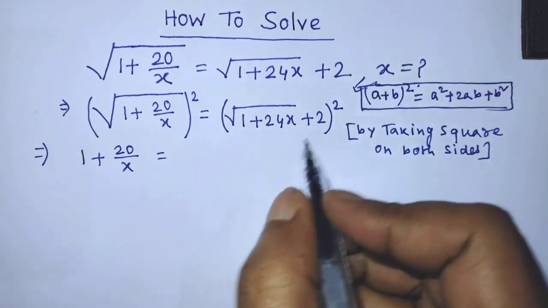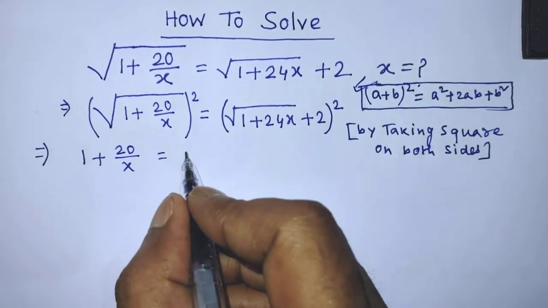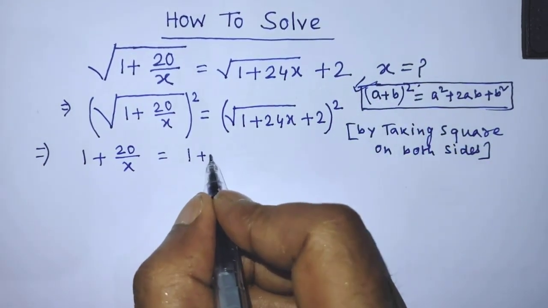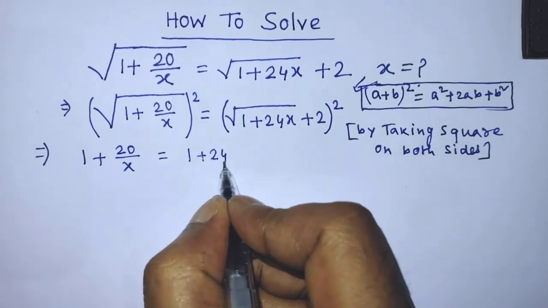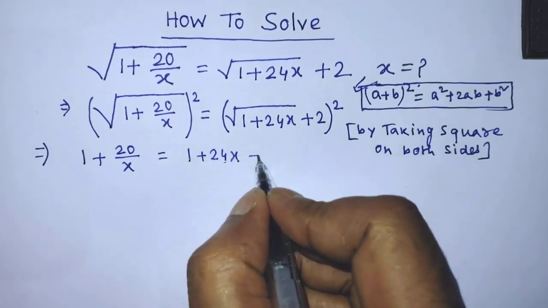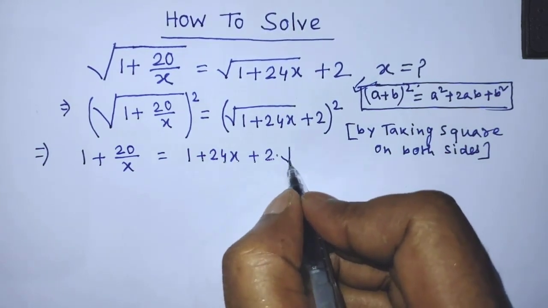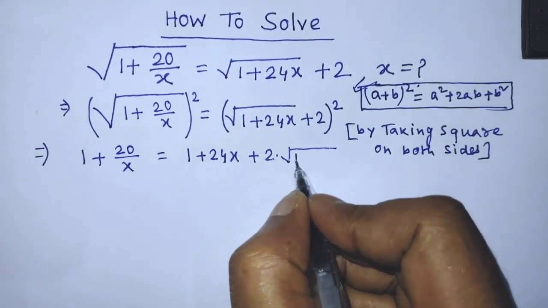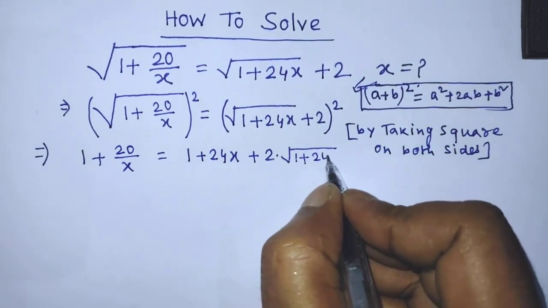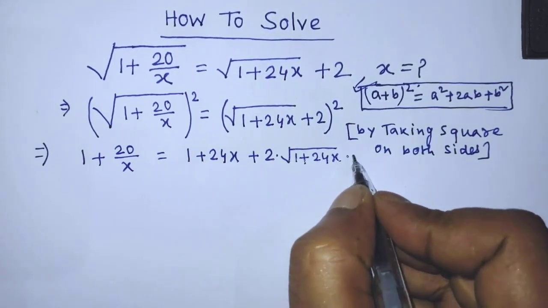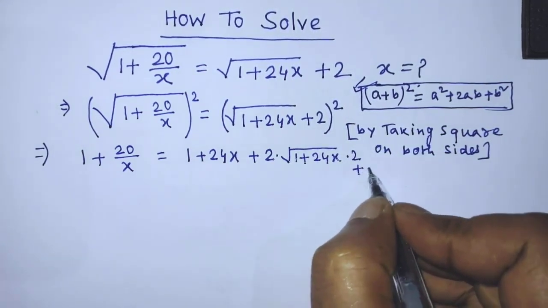According to this formula we can write 1 + 24x + 2 times square root of (1 + 24x) times 2 + 2 squared.